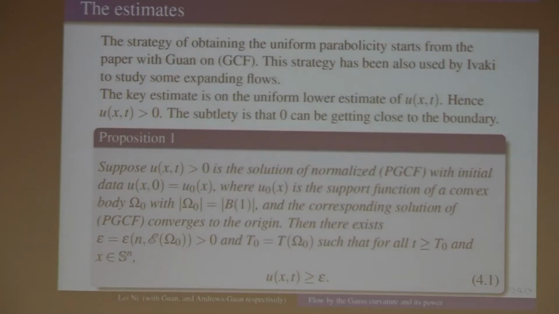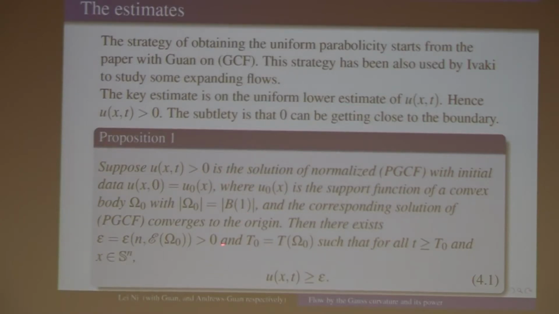Then, because we know the entropy is monotone non-increasing, if you study a body, then the later body is not going to get worse. It's to your favor. The key is to get a C0 estimate. So we kind of abandoned the traditional strategy of doing all these curvature estimates by computing second fundamental forms and so on, and work with the support function.